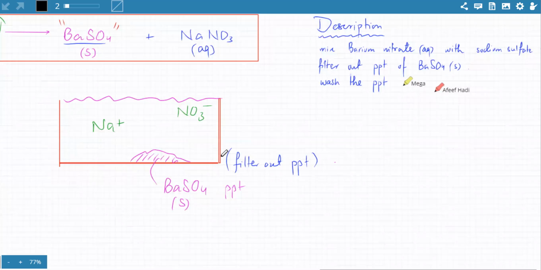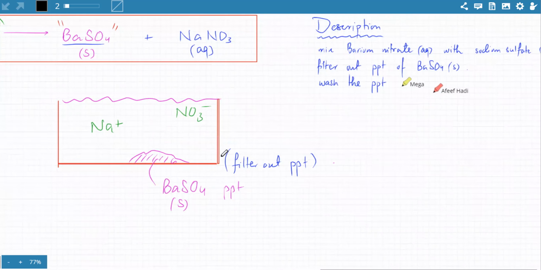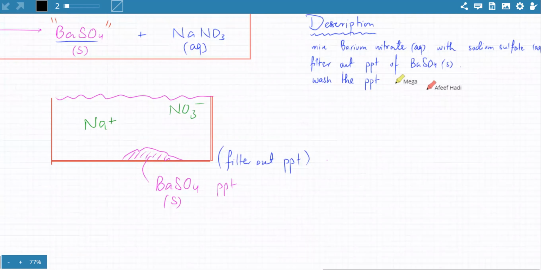So the way you're going to wash it is by filtering it, right? Filter paper is funnel shaped. You pour the mixture from the top, and all the precipitate settles over here. This is where the residue is. The way you wash it is you add distilled water from the top.